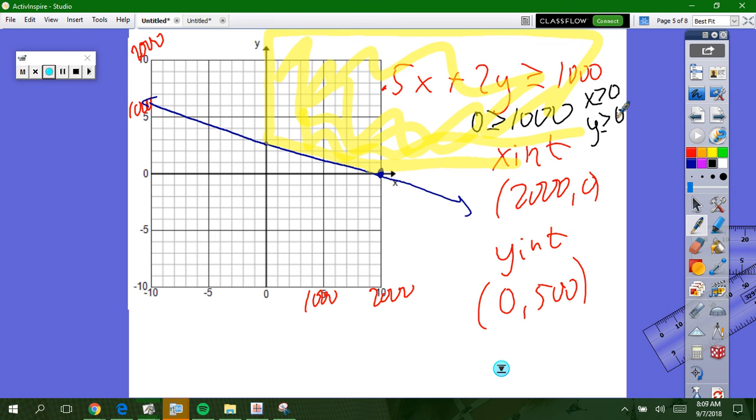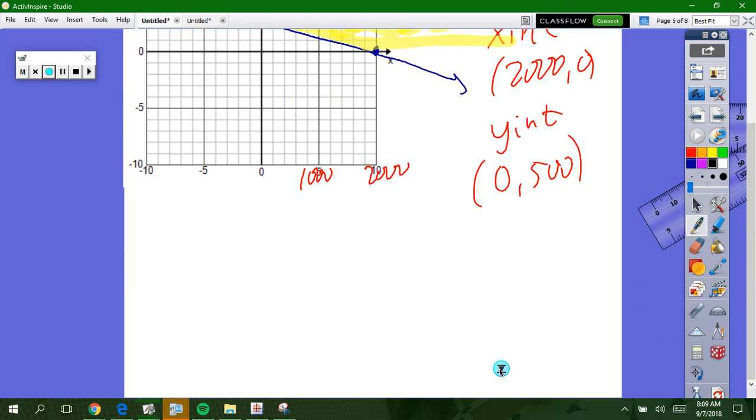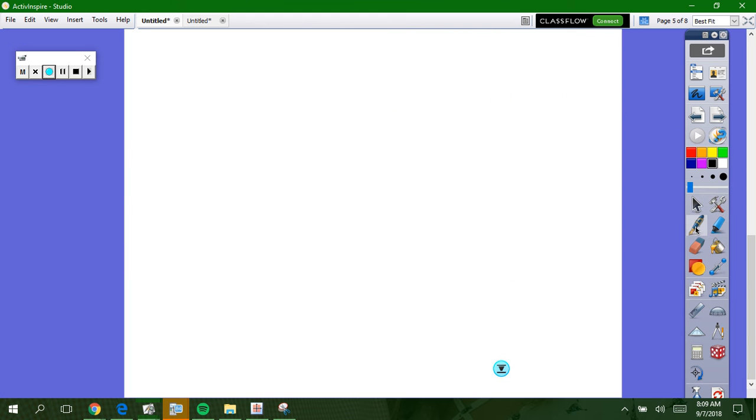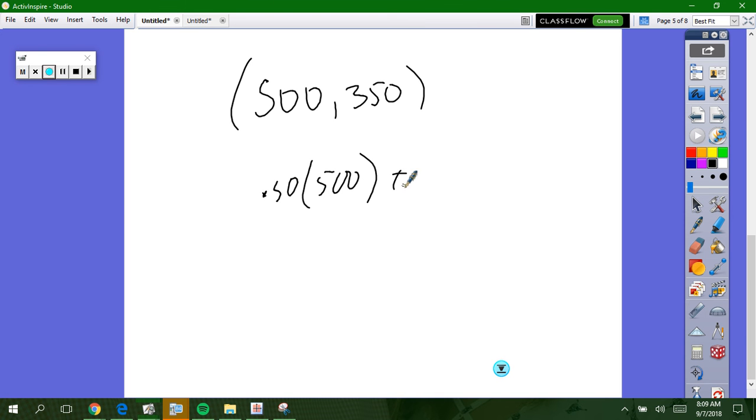Plug it in, okay? So I'm going to scroll down here. What was our candy bar? 350 or 500? 500, 350, is that what it was? Okay. So, once again, I'm just plugging it in as you said, right? So I have 0.50 of 500 plus 2 times 350.